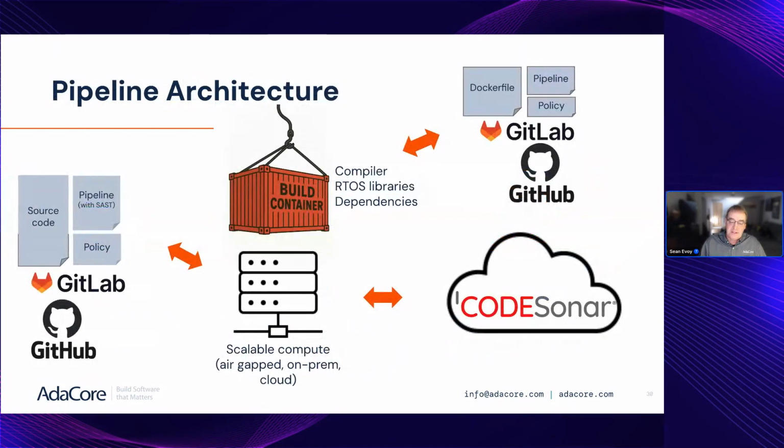And the specifics of how we recommend doing that is to have, and most people already have this, so this fits nicely, an architecture that's essentially driven by a bunch of different containerized build elements, like your compiler, your runtime system libraries, any dependencies, your RTOS itself.